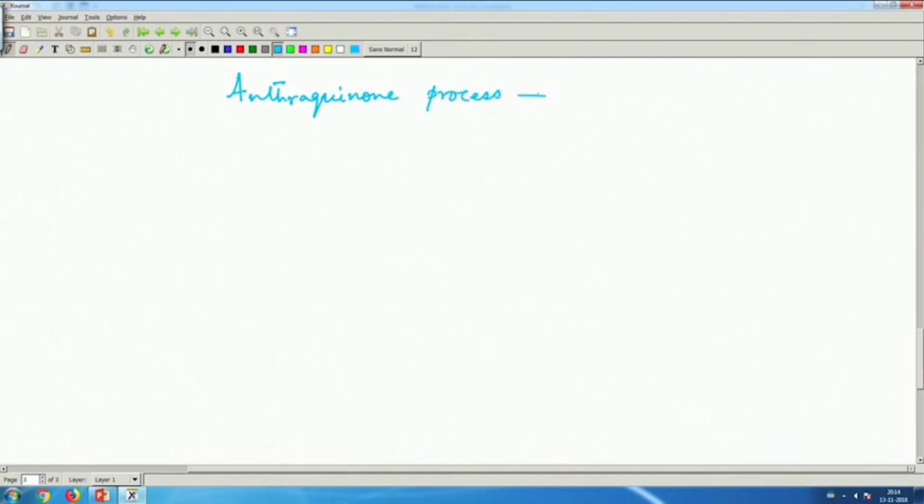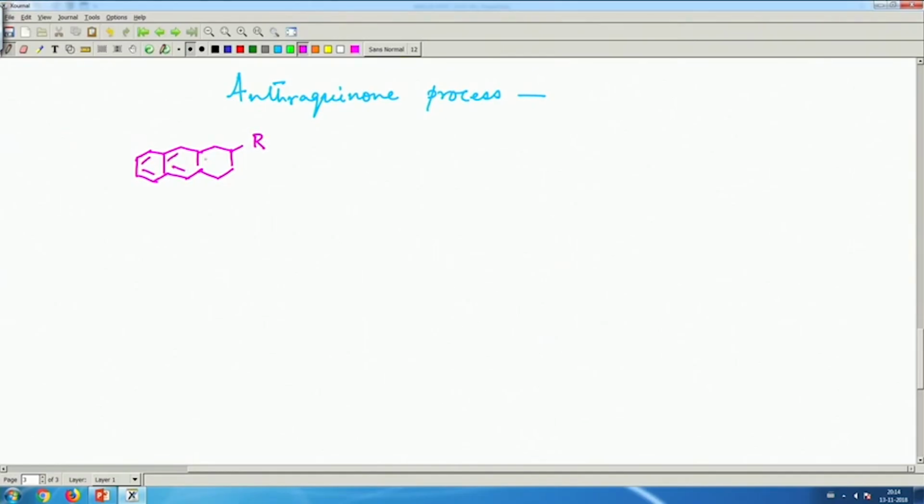So, this particular process can be utilized for the production of hydrogen peroxide, where substituted anthra-hydroquinone, which is this particular molecule, R is the substituted one.